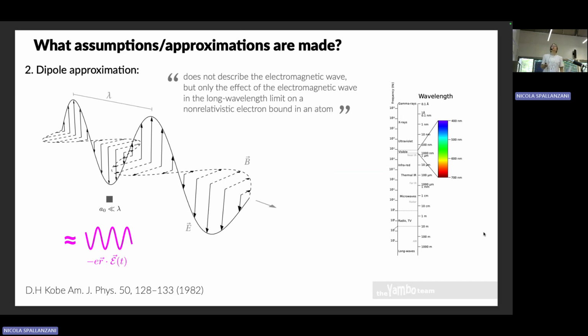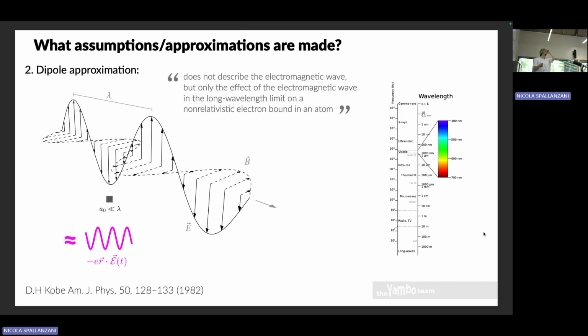We use the dipole approximation, and the basis is that the unit cell is much smaller than the wavelength. This is because we go from infrared to ultraviolet, from 10 micrometers to around 100 nanometers, and our cell is just a few angstroms. So the dipole approximation is valid in this region of the electromagnetic spectrum.